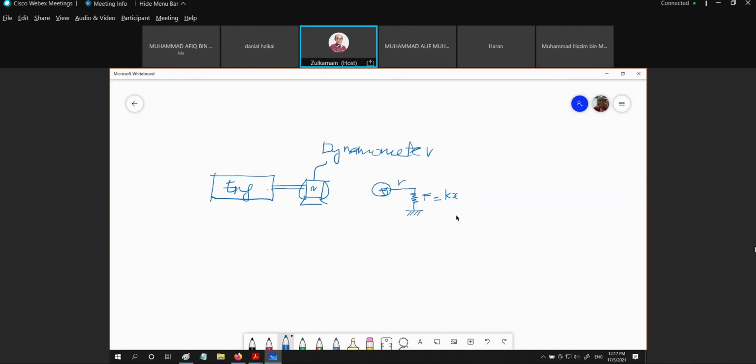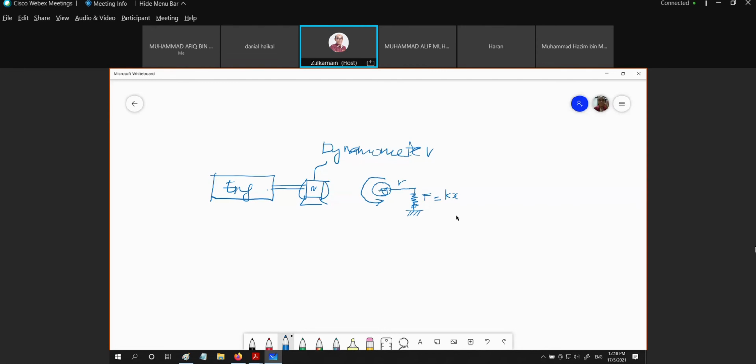Let's say the engine is running this way, rotating this way, and the dynamometer is also rotating in the same direction as the engine. So when this happens, the tendency of this spring is to have an effect of tension. And we have an adjustment screw right here. So when the engine rotates, the arm is going up.